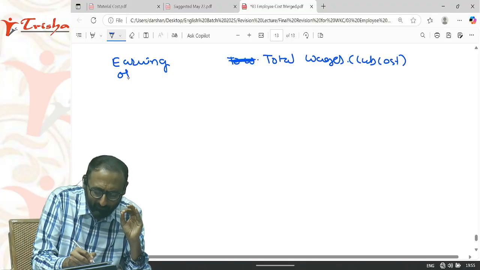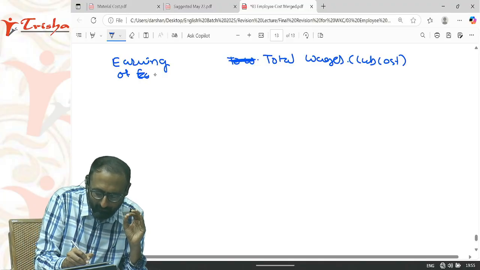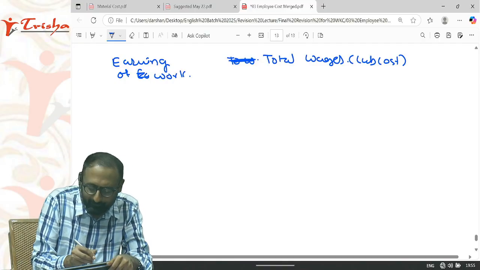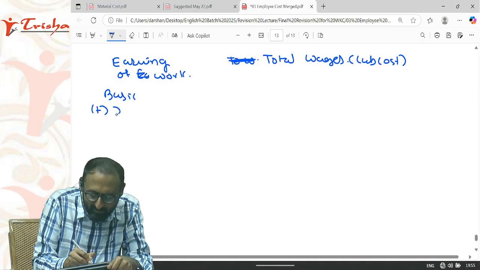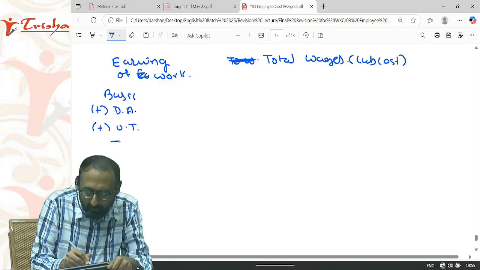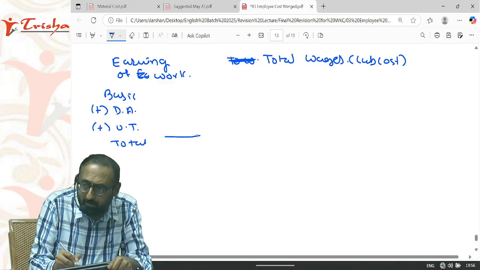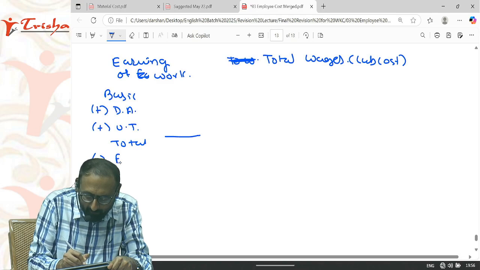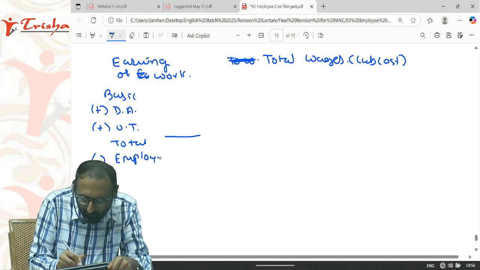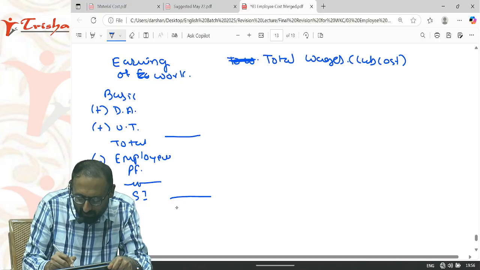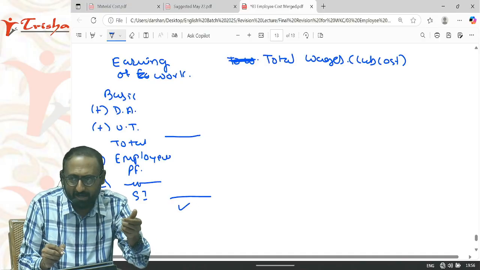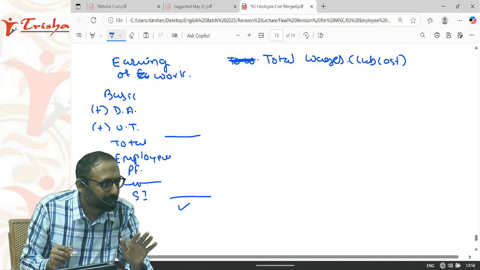To calculate earnings of the worker: basic wages, dearness allowance, overtime wages, total, minus employees contribution to provident fund, minus employees contribution to state insurance. This will be the total earnings, net cash taken by that worker.